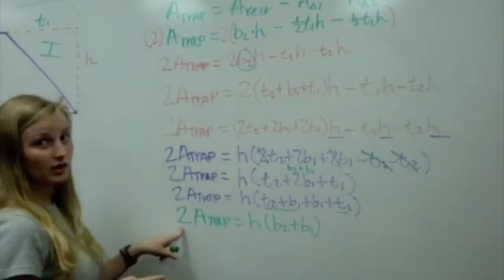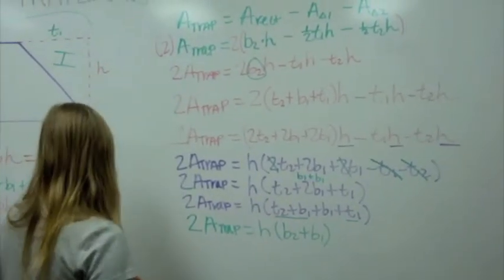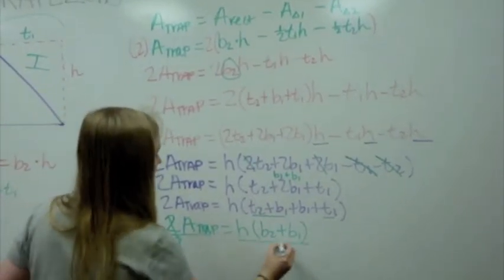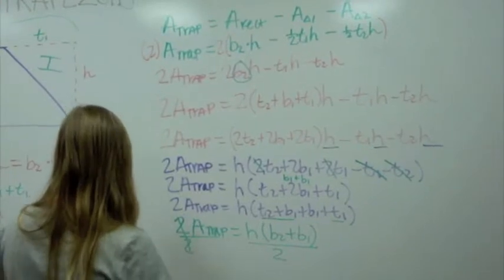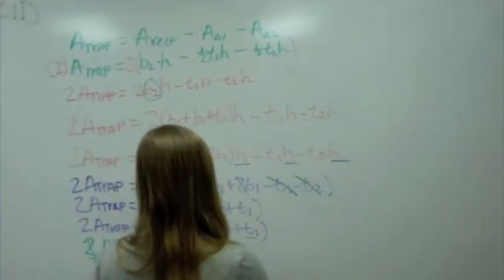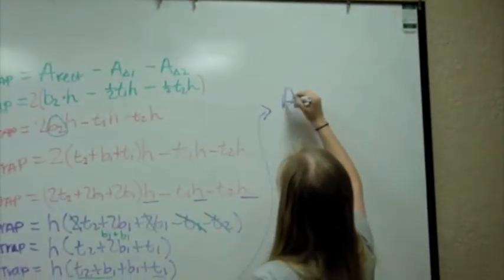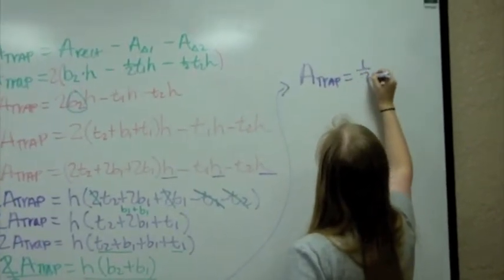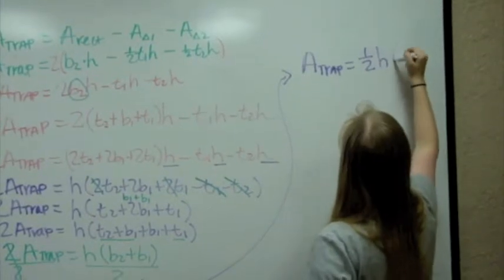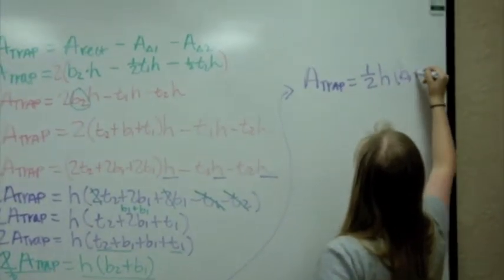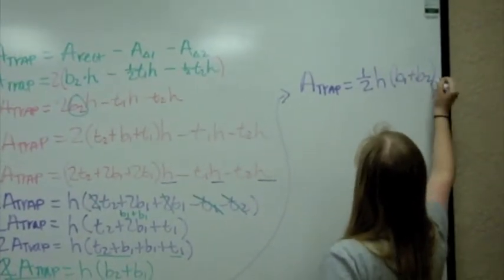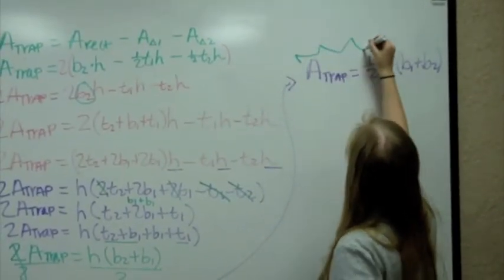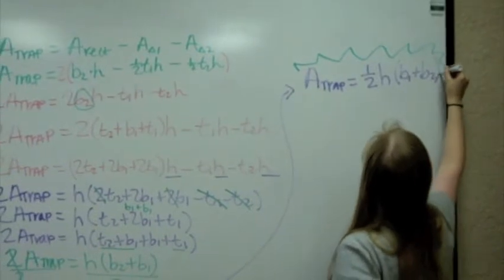We still have a 2 over here that we need to bring over to the other side. So, we're going to divide by 2, and those cancel out. And then we have the area of our trapezoid equals 1/2 the height times base 1 plus base 2. And we found our area of the trapezoid.